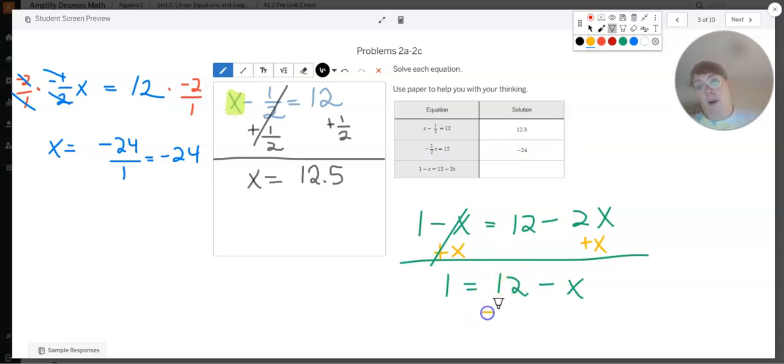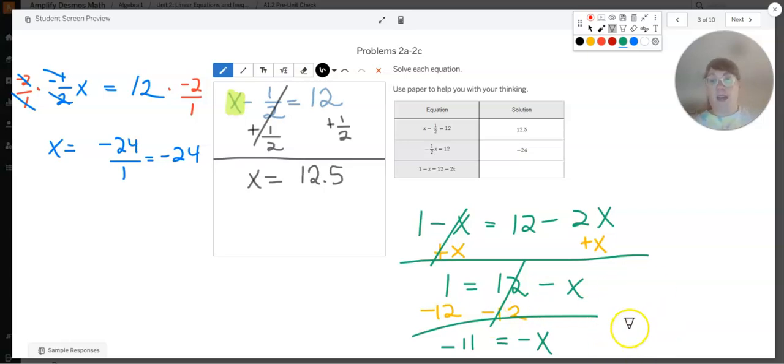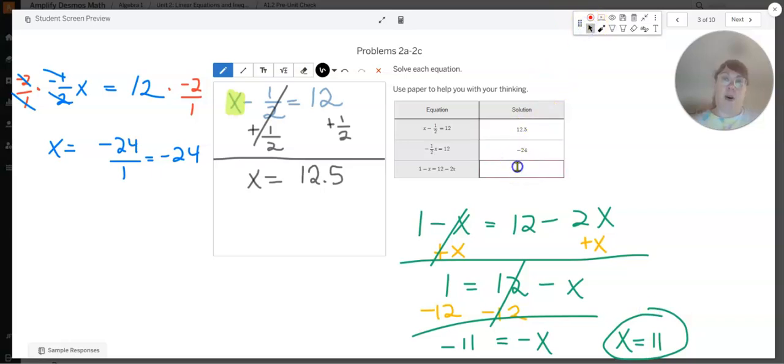And this 12 is positive, so I'll subtract it to get it to the other side. And then we have negative 11 equals negative x. If they're both negative, multiply everything by negative 1, and you just get x equals positive 11. When you're all set with this, push ahead to slide 4.